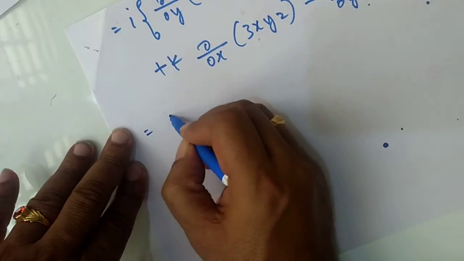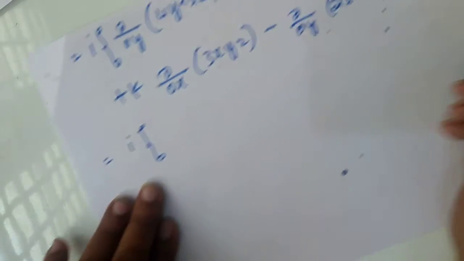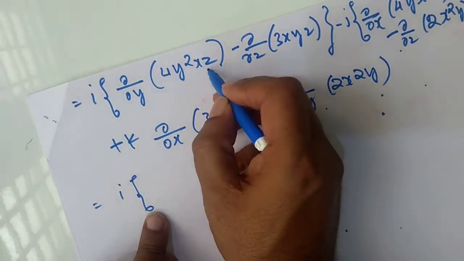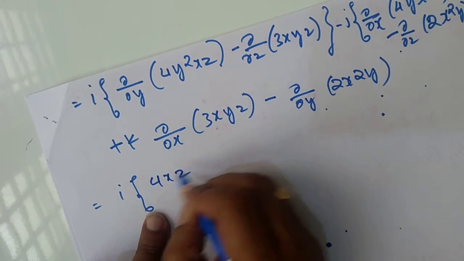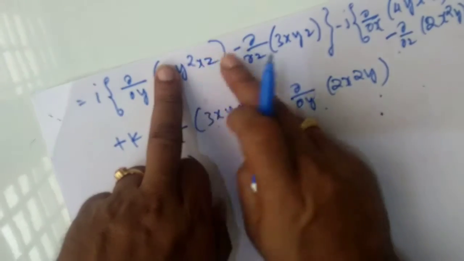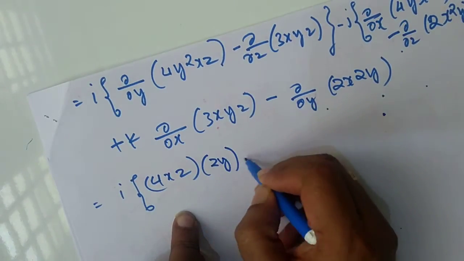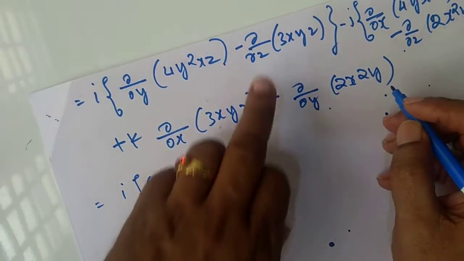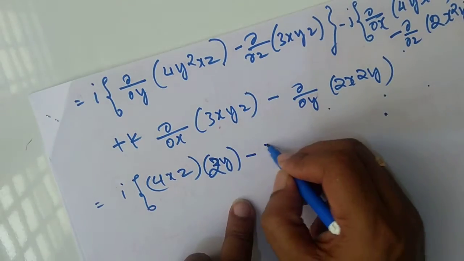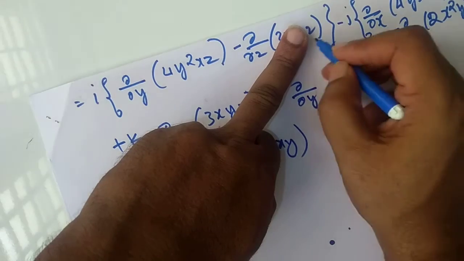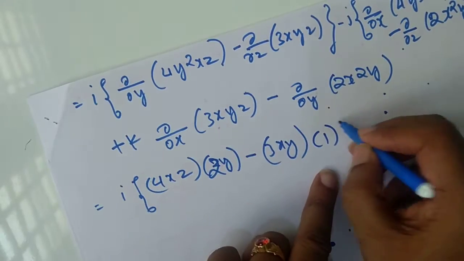So what has happened? i into, now let us differentiate this. This is very easy, isn't it? i into, with respect to y, take 4xz constant outside, differentiation of y squared is 2y, minus, with respect to z, 3xy is constant, take it outside, differentiation of z is 1.